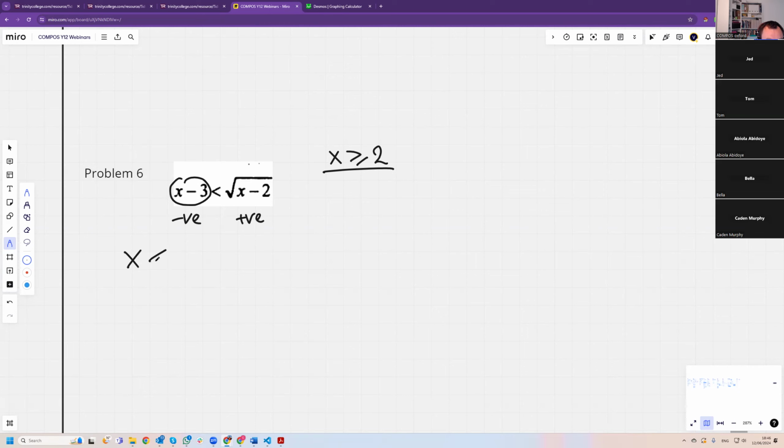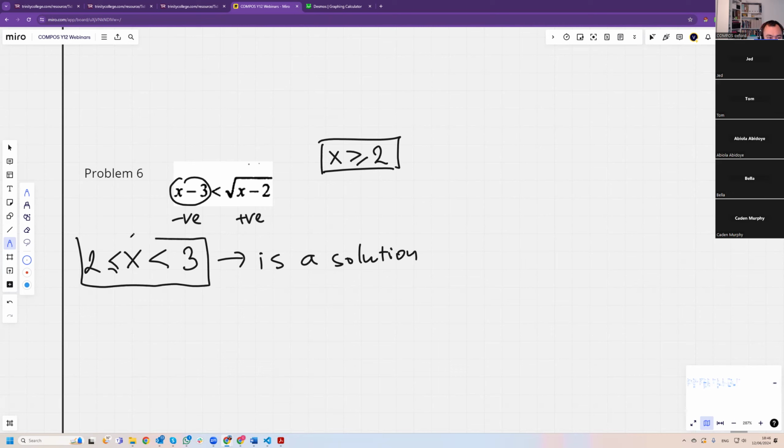So if x is less than 3, x less than 3 is a solution, of course considering x at least 2, because if this thing is negative, it's definitely less than that.